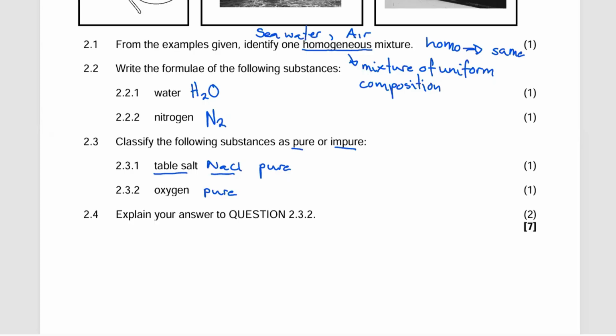In this case, they are asking us to explain why we're saying oxygen is a pure substance.